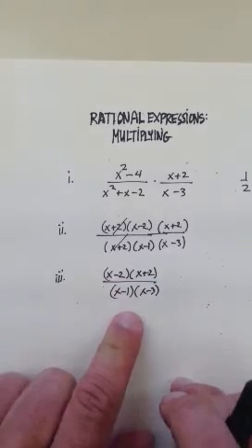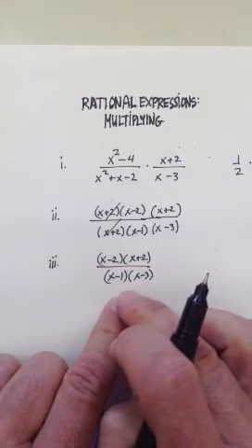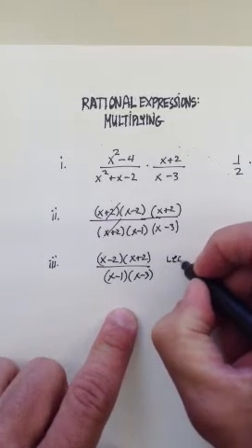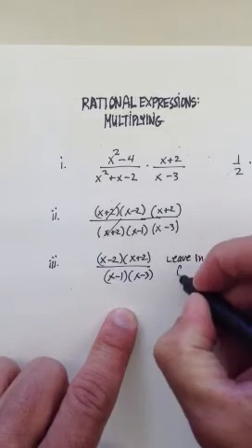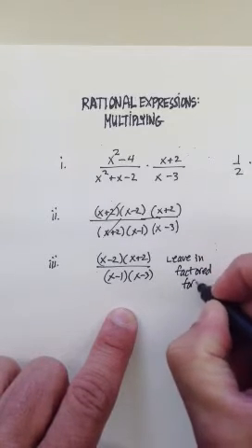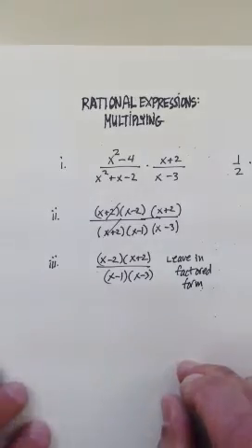A lot of students ask me, do I need to FOIL those out? You really don't. Leave it in factored form, because there's really no further simplifying that you can do here.